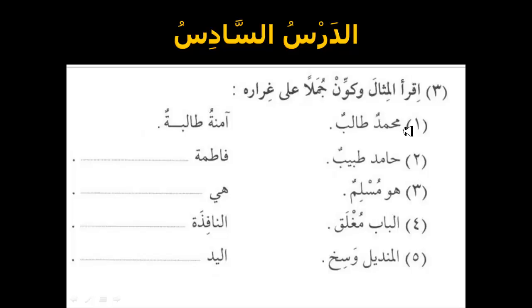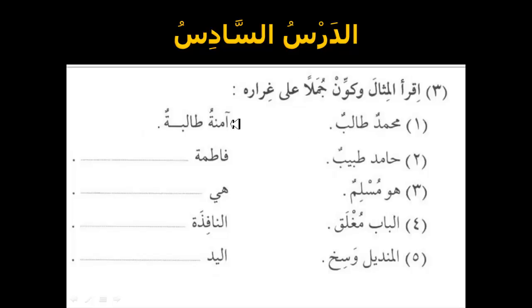For example, number 1, Muhammadun talibun. We're going to change the ending here on the left, so to feminine. Aminatu Talibatun. So notice that Muhammad is masculine, so therefore Talibun is masculine.